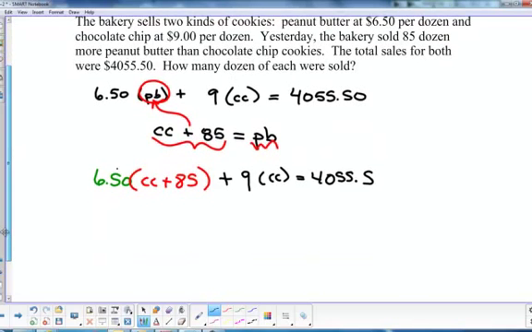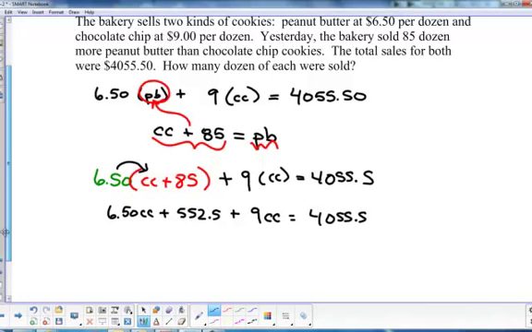Okay, so we have $6.50 times the chocolate chip, plus, you might want to grab a calculator or just follow me, 85 times 6.5 is $552.50, plus 9 chocolate chip, equaling $4,055.50.